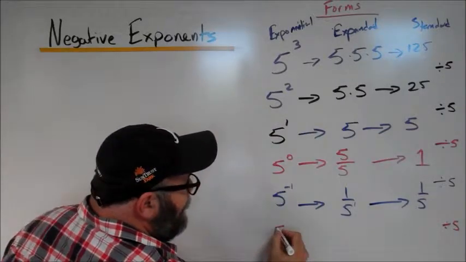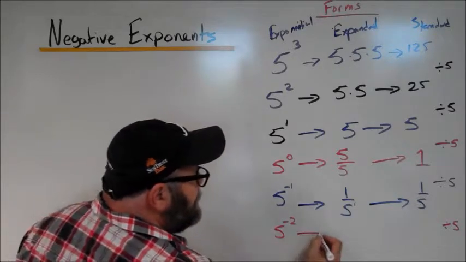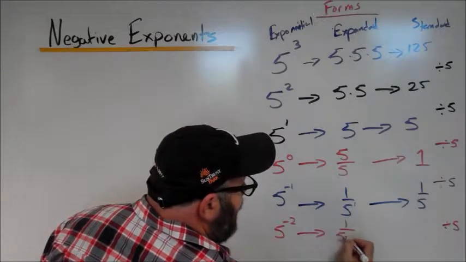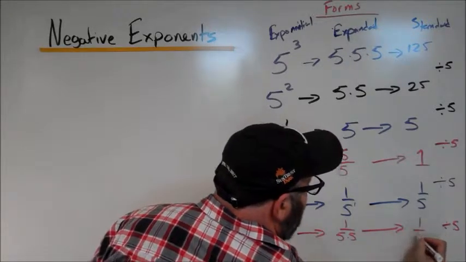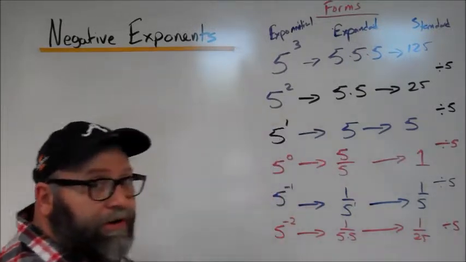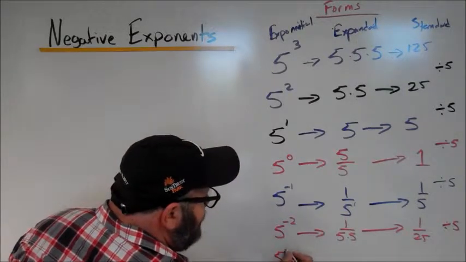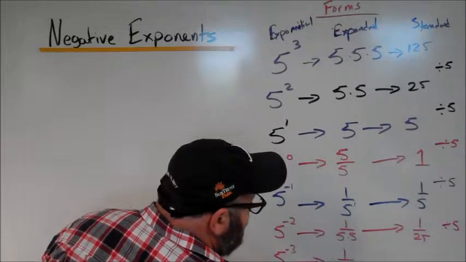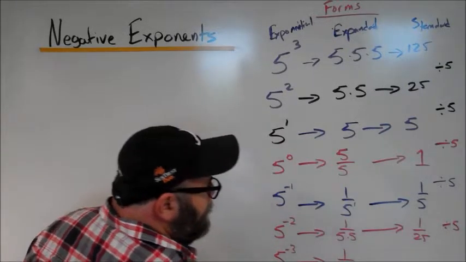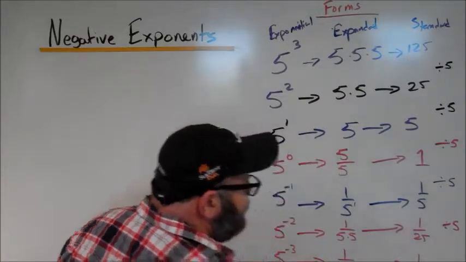So now I have 5 to the negative 2, which looks like 1 over 5 times 5, which looks like 1 over 25. You're seeing kind of a pattern here now. 5 to the negative 3 is 1 over 5 times 5 times 5, which is 1 over 125.